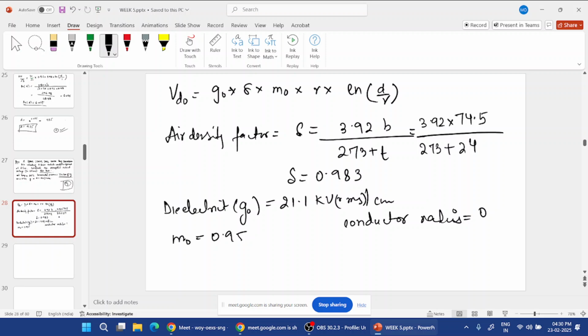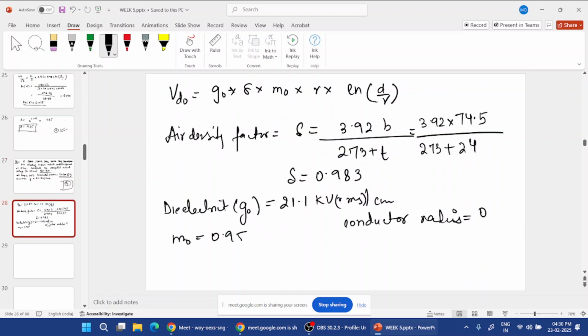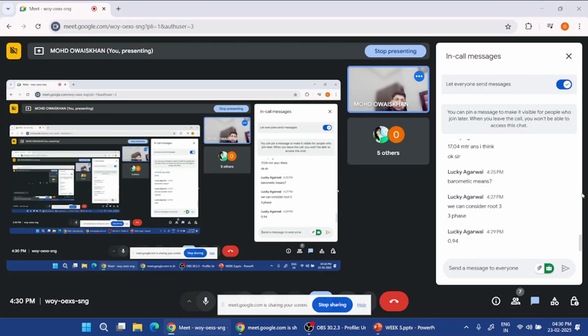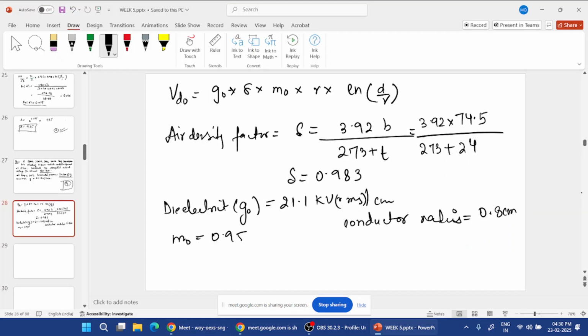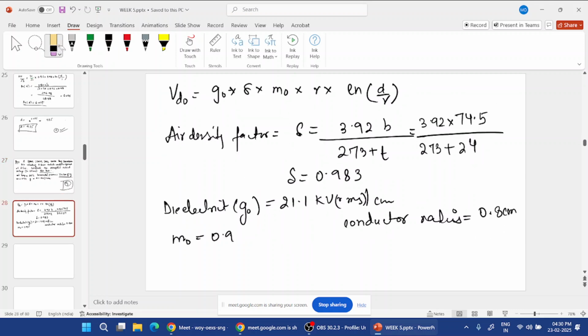Conductor radius 0.8 centimeter. I am missing that. 0.94. This is 0.94.